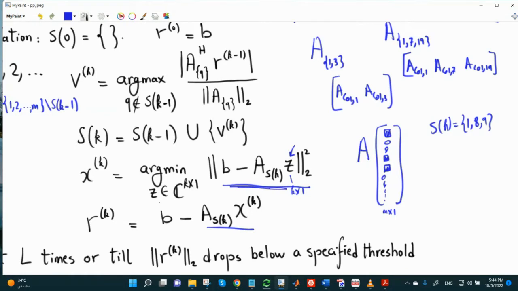We can do this for a specified number of iterations.